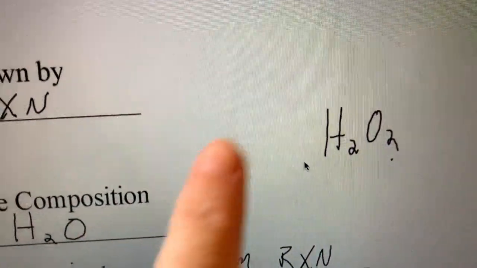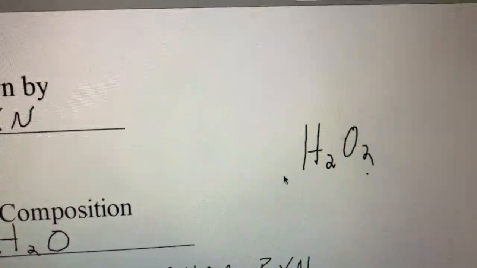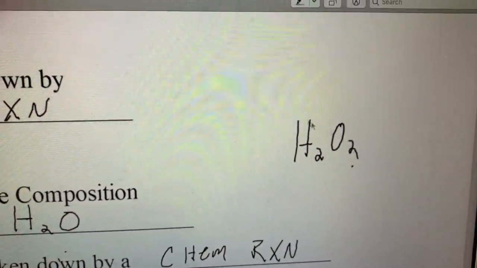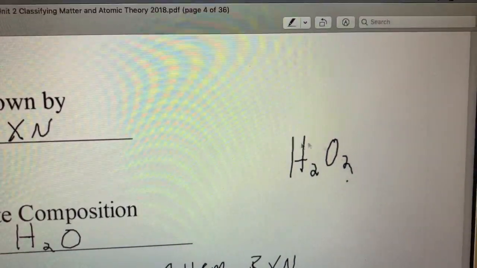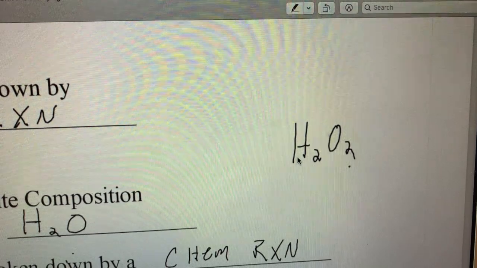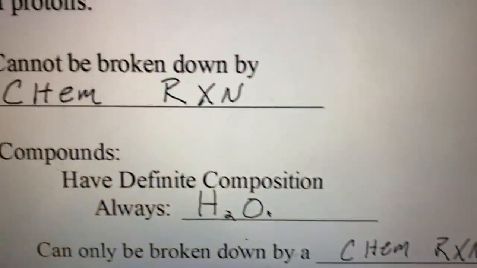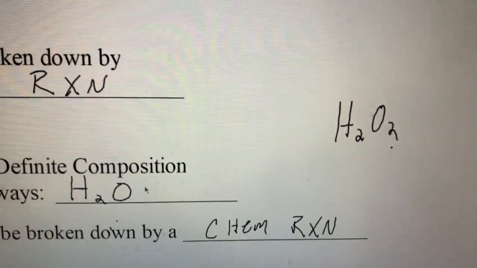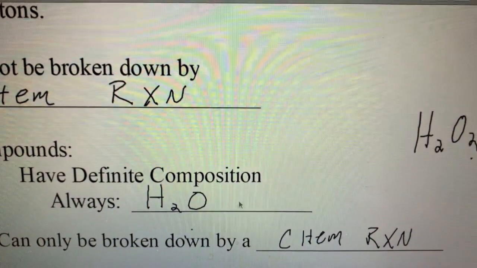As opposed to H2O2, which is called hydrogen peroxide, which a lot of us have in our medicine cabinets because it's used to disinfect cuts and things like that, but you certainly would not want to drink hydrogen peroxide. This would be very, very bad for you if you drank it. We drink water all of the time. Both are made up of the exact same type of elements, but in a different composition.